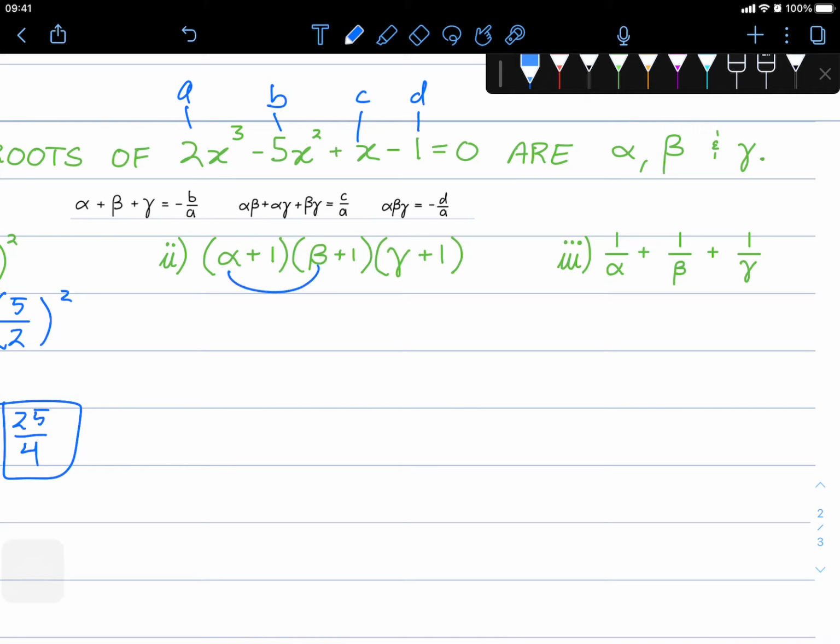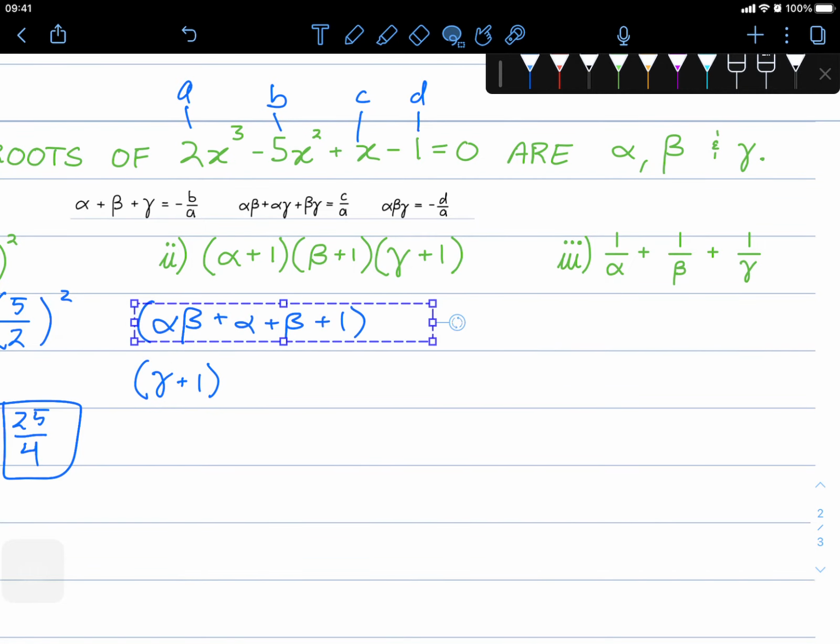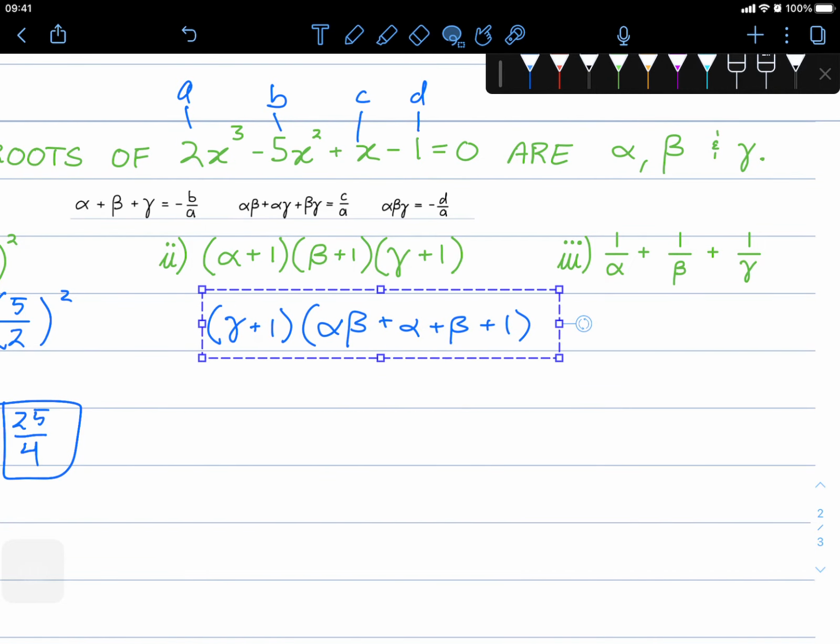This will give us alpha beta plus alpha plus beta plus 1. So we've expanded these two, leaving us with gamma plus 1. Just rearranging these to make my multiplication a little bit easier.